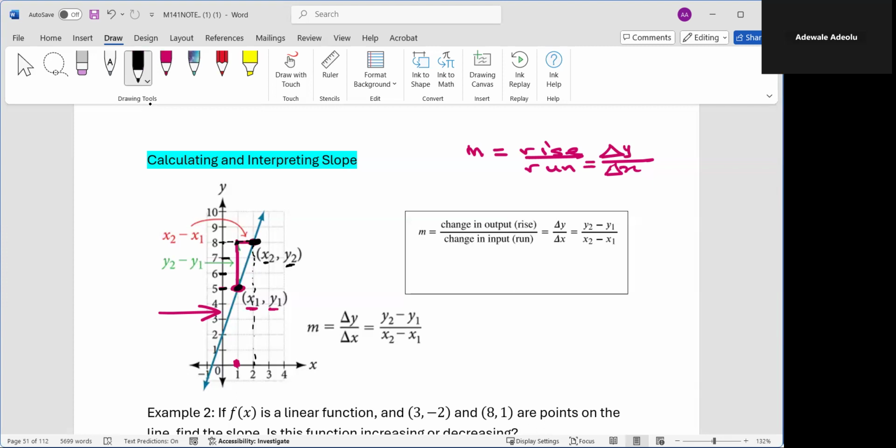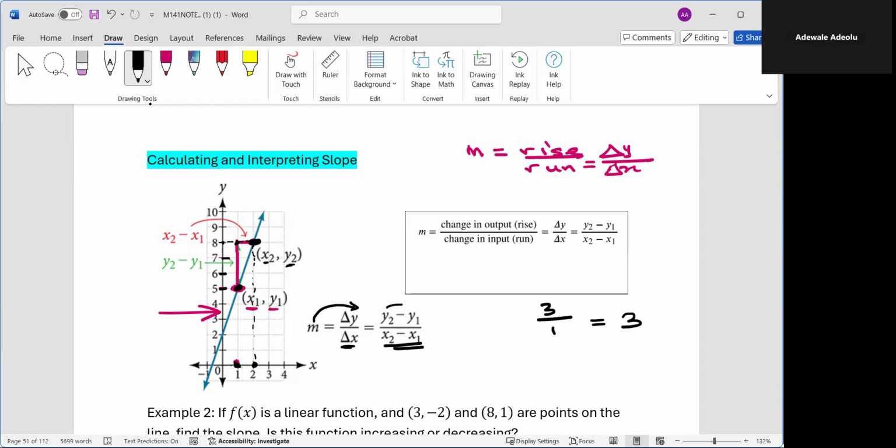It has changed by 3 units, over the change in x. So how have I changed from here to here? Just 1, right? Then I will claim that the slope there is 3.